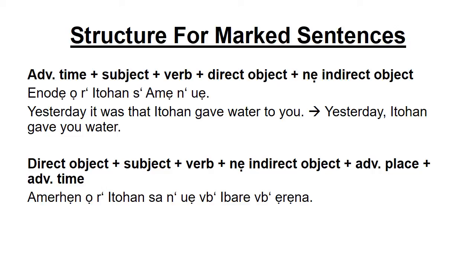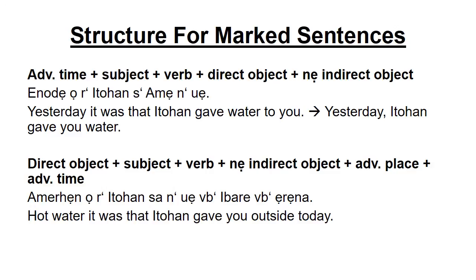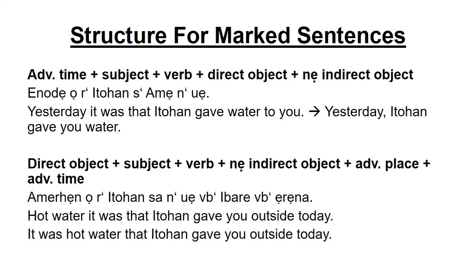It actually means fire, but then it's hot water. Amere oito asanue vibae vena. Ena is the word for today. Ibai is outside. So the sentence is: hot water it was that Itoan gave you outside today. Or it was hot water that Itoan gave you outside today.